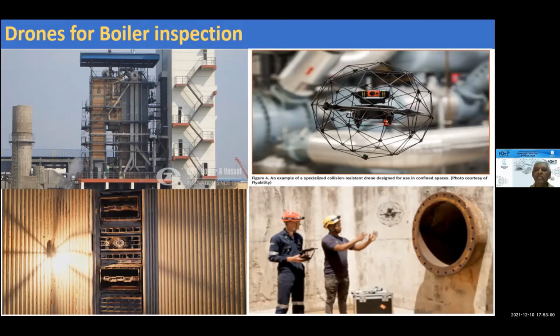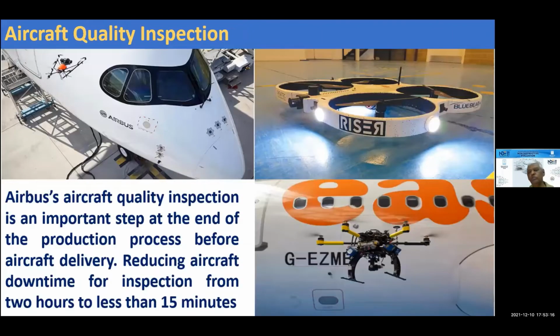It will go inside, take the picture of the entire boiler, give you details of where the damaged areas are, and then you could send a human being only and put up a scaffolding there to do the further inspection using, say, ultrasound or any other technique, and then do a repair if needed. So huge application in the power industry.